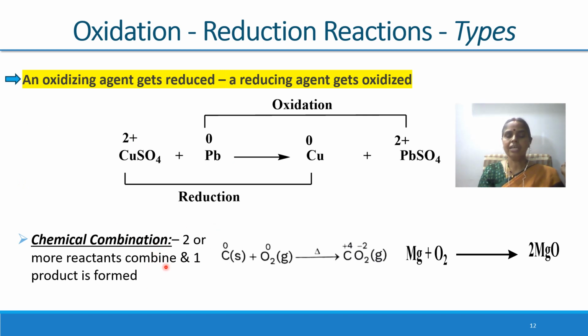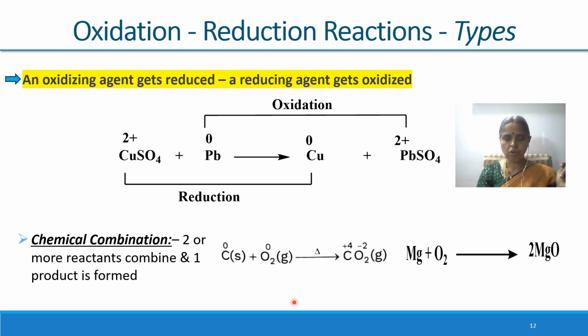Now let us see the different types of chemical reactions. You have learnt about the different types of chemical reactions in your previous classes itself. So chemical combination: 2 or more reactants combine and one product is formed. When 2 or more reactants combine to form one single product, you call it a chemical combination reaction.